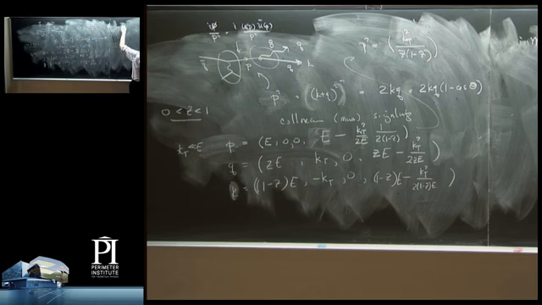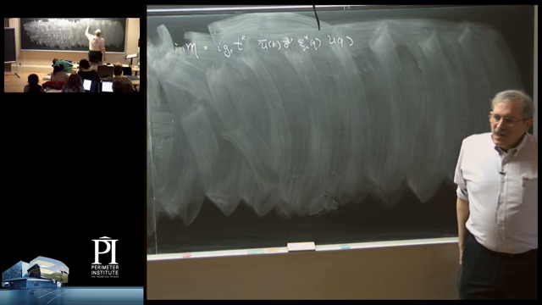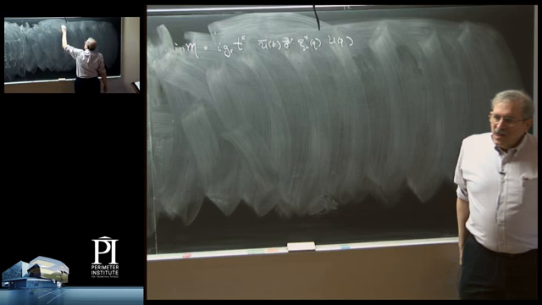The matrix element for the emission is i g_s T^a, because this is a QCD interaction, u bar of k, gamma mu, epsilon mu star of q, u of p. So that object describes this vertex.